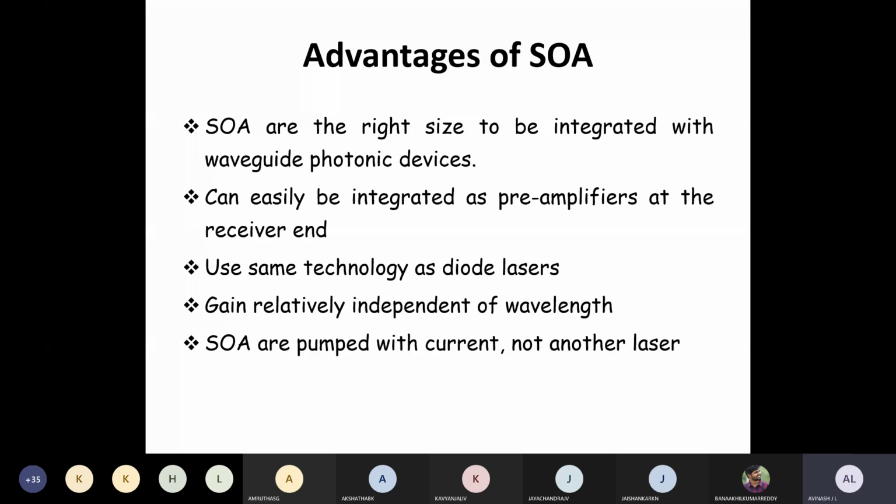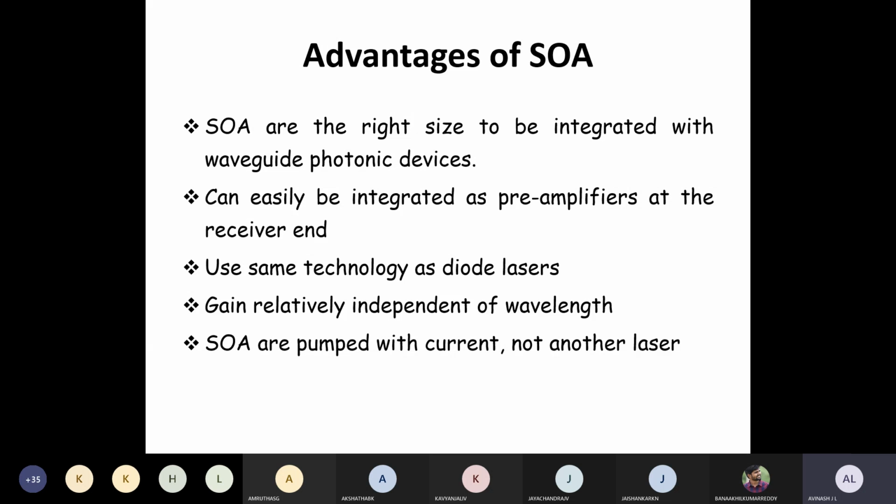Whatever pumping we are doing will be done with current. We just inject the current. Current injection is going to take place. Having seen the working of the semiconductor optical amplifier, there we can achieve a good amount of output response, everything is perfect.